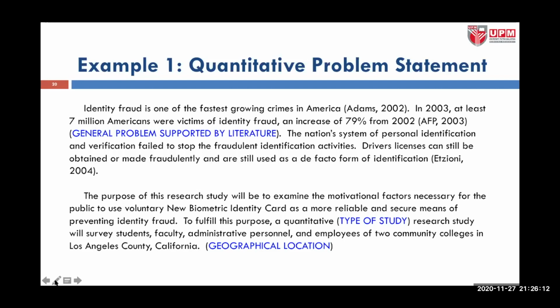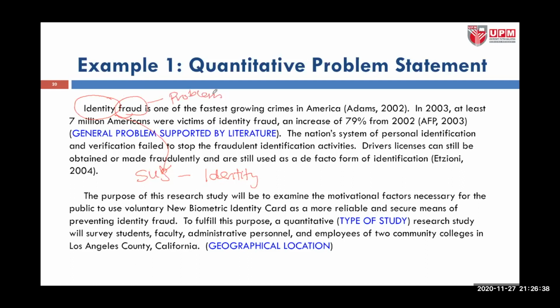Okay, let us try to investigate further. So basically, for me, the system under study is the identity. Okay, this identity is the system under study. Okay, fraud, identity fraud. This is the problem.